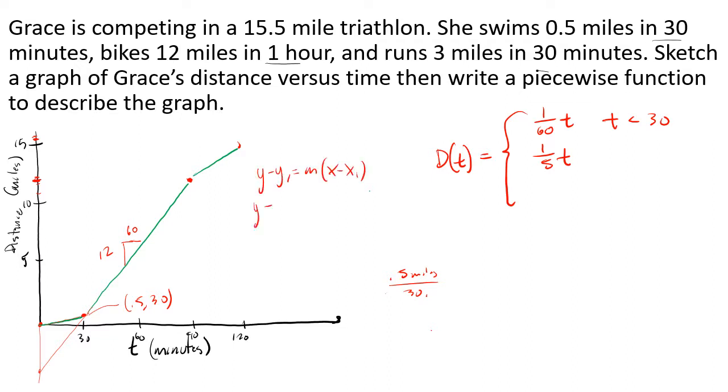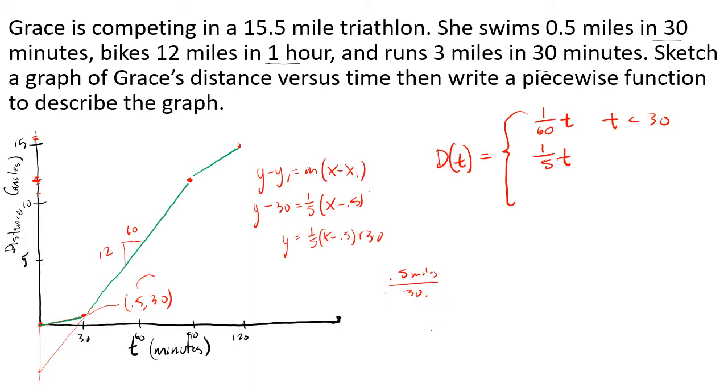So y minus 30 equals the slope, which we said was 1/5, times x minus 0.5. So why don't you just add 30? So y is equal to 1/5 x minus 0.5 plus 30. Wait, does that make sense? This doesn't make sense, does it?